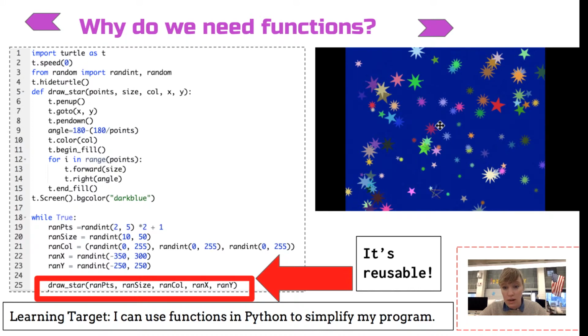So this is going to run indefinitely, until I close my browser window. The whole point is I made this block of code reusable, and then in the while true loop, I just called that block of code to run again and again with different randomized numbers that told us the points, the size, the color, and the position of the X and Y.